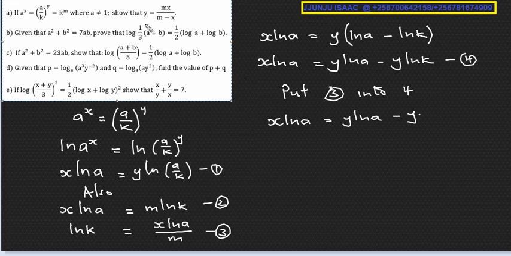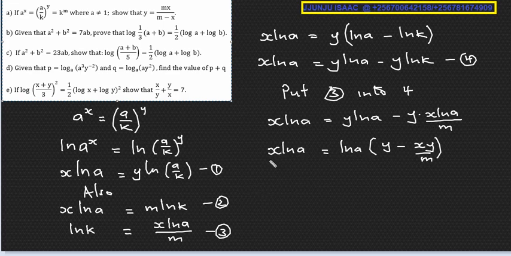So we shall get x ln a equal to y ln a minus y times ln k. I told you when you look at this, there is something which was eliminated, and that was the k. So this is going to be y times ln k, and ln k is x ln a over m. So we can see that ln a is common throughout. So let me factorize ln a out, I'll be having y minus xy over m.